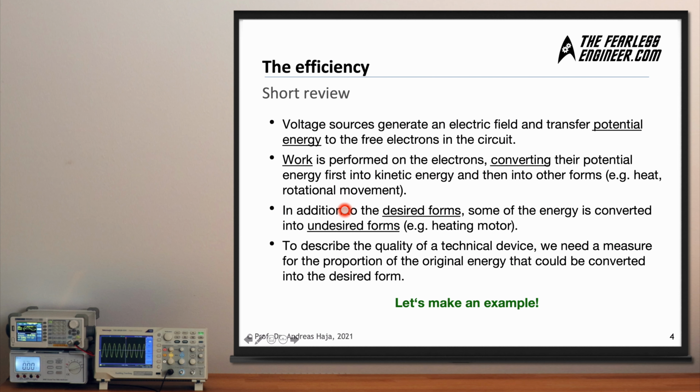And thirdly, in addition to the desired forms of energy or power which we want, some of the energy is converted into undesired forms, which might be the heat of the light bulb example from the previous slide, or the heat produced by a motor when it's powered. And there are many other examples of undesired, unuseful forms of energy.